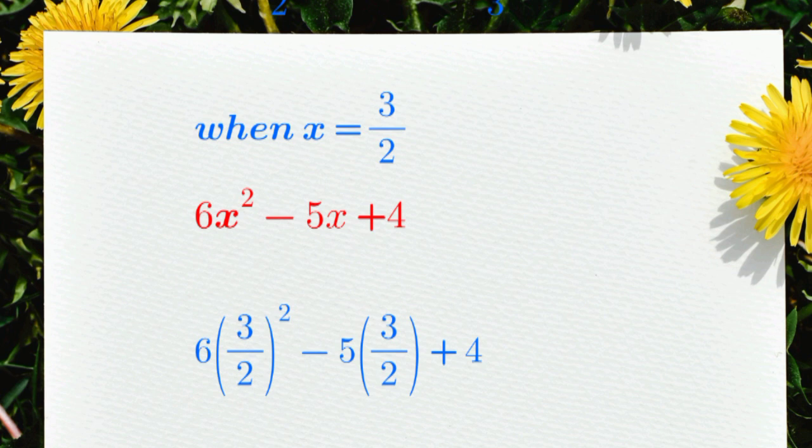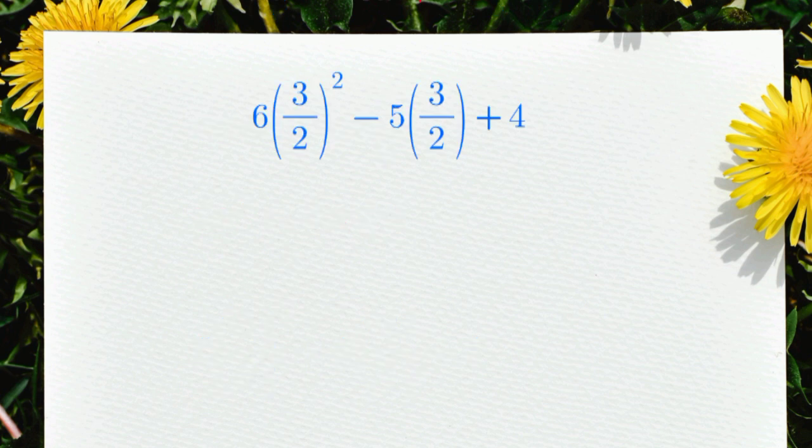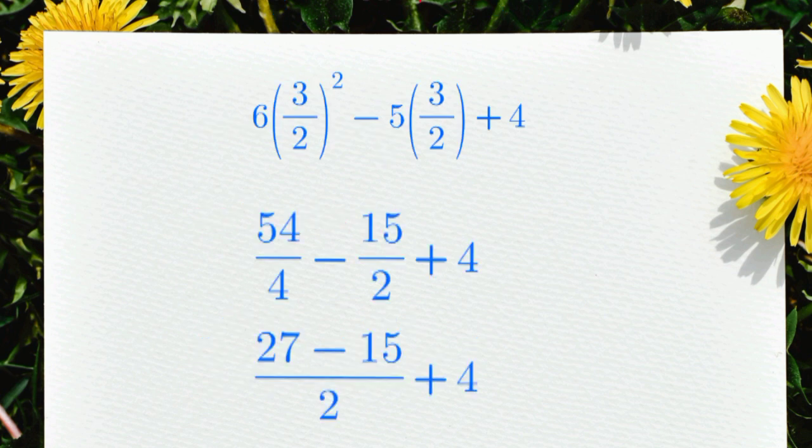So this is going to give us 54 over 4 minus 15 over 2 plus 4. Now, when we subtract, we'll be left with 27 minus 15 over 2, then plus 4.